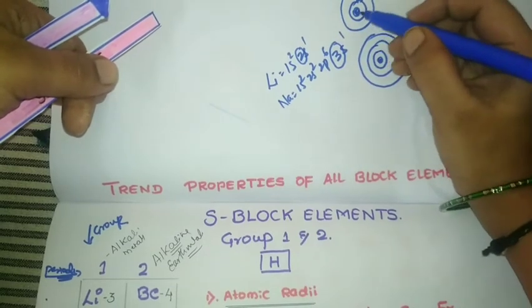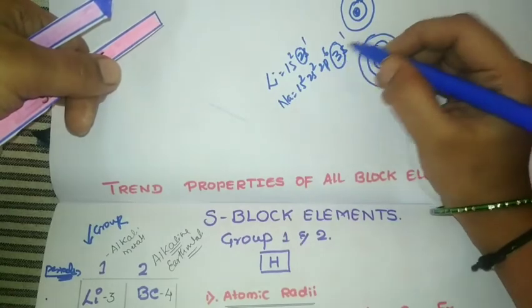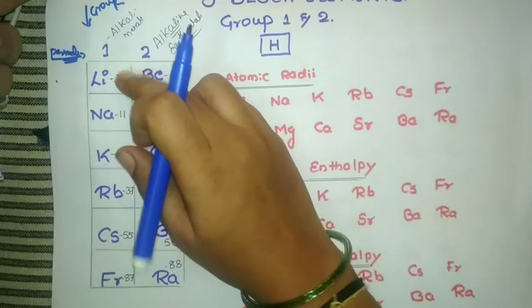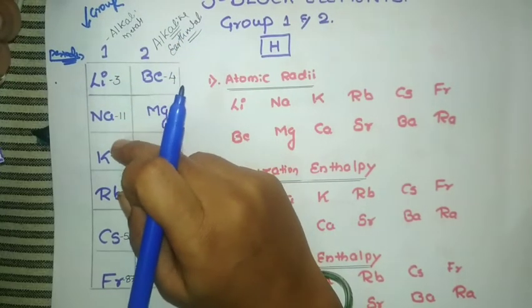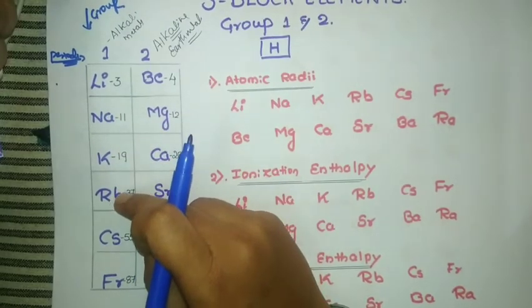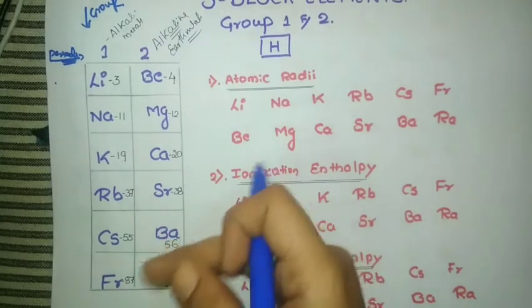When you compare, the electron always enters the next shell as we go down the group. From lithium to sodium, an extra shell is added, and from sodium to potassium, again it enters the next shell. What happens when the electron enters the next shell?